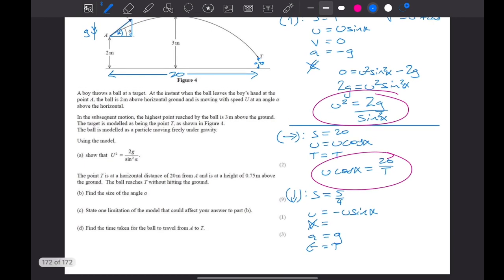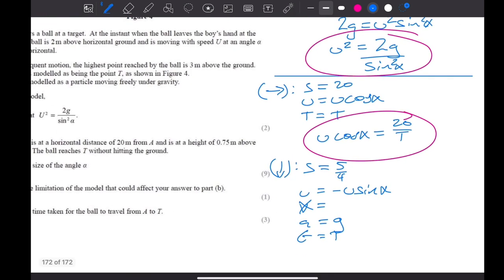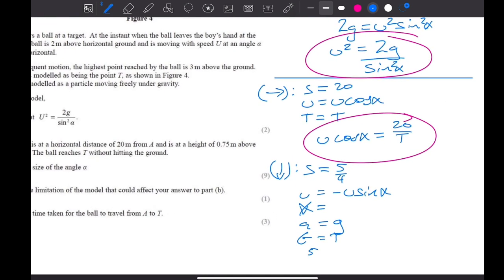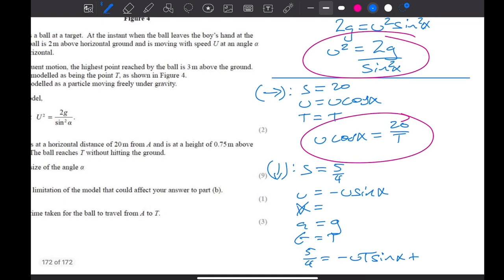So here we've got no v, so it's s equals ut plus half at squared. So we'll try and get a nice equation for that. 5 on 4 is equal to minus u t sine alpha plus a half g t squared. Lovely jubbly, we'll circle that, and I think I'll write them all on the next page.